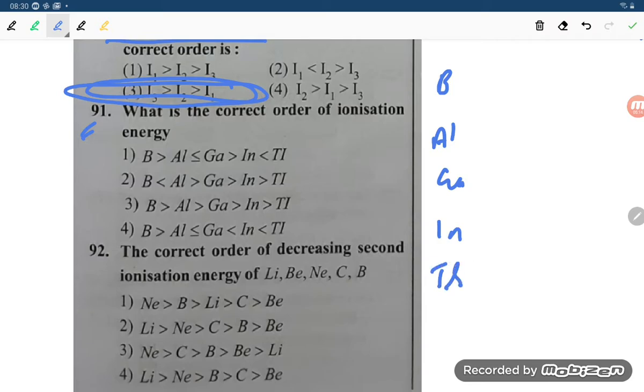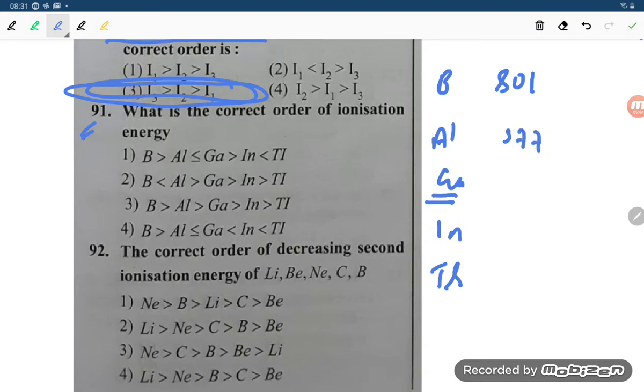Dear student, always keep in mind that before gallium there are d block elements. So what will happen is that its ionization enthalpy is almost similar to aluminum, not more. Aluminum is having 801 kilojoule per mole.